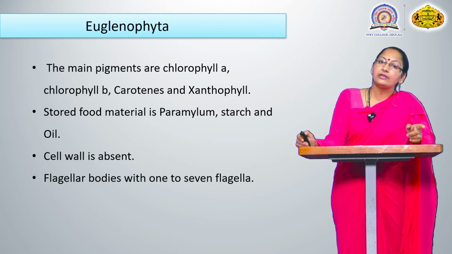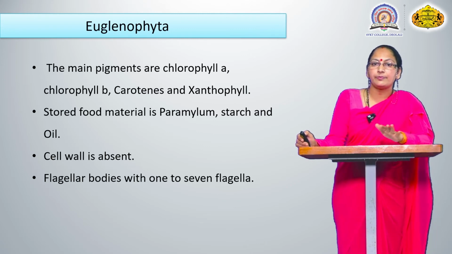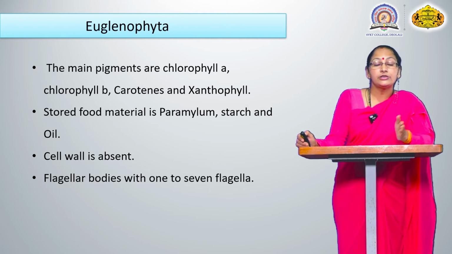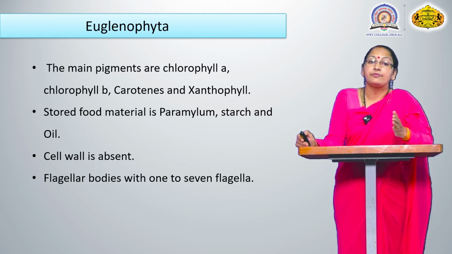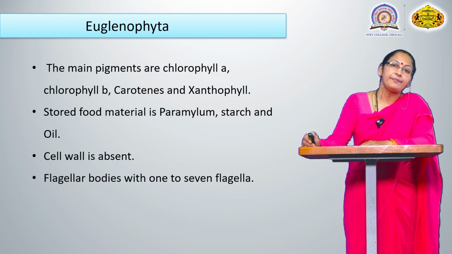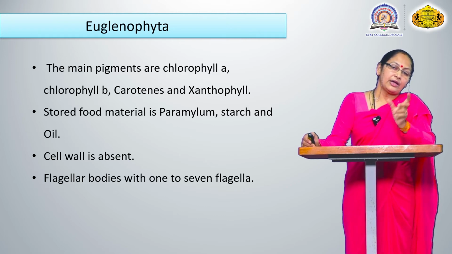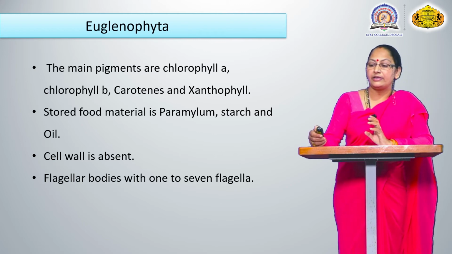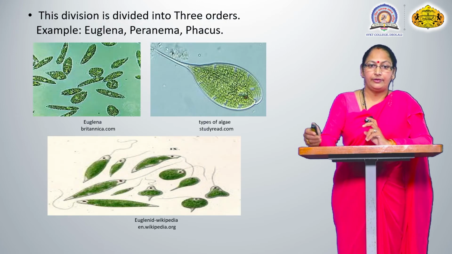In Cyanophyta it is absent. In Chlorophyta it is present. And in Euglenophyta, 1 to 7 flagella are present. Okay. See, one by one character and one by one class. All these are peculiar characters and are differentiated in this way.